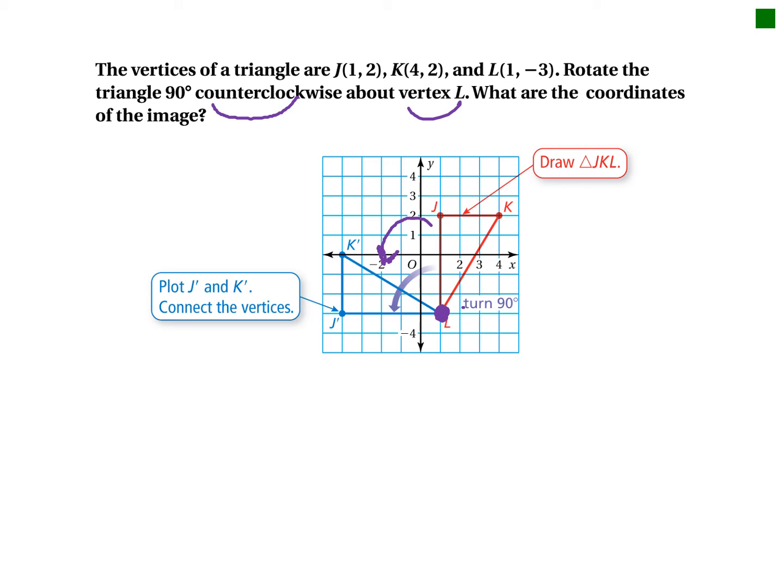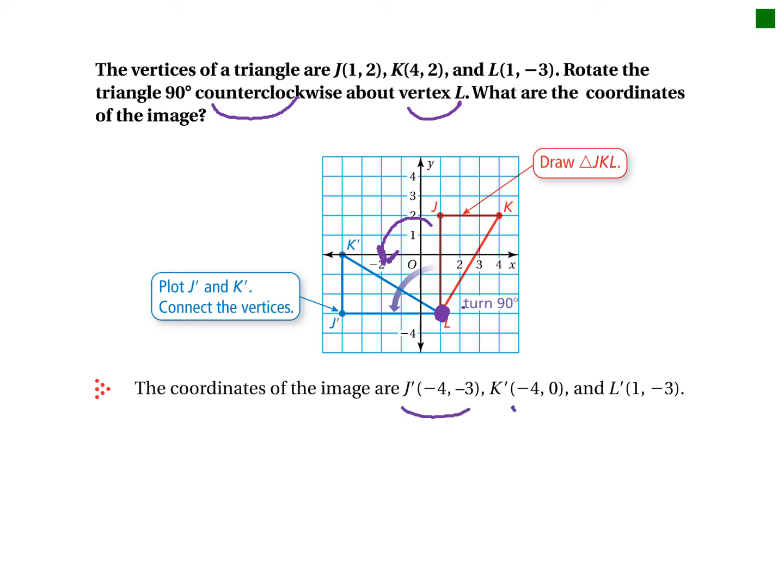What are the coordinates of the image? The coordinates of the image are -4, -3, -4, 0, 1, -3. It's super important that you put the letters with the apostrophe.